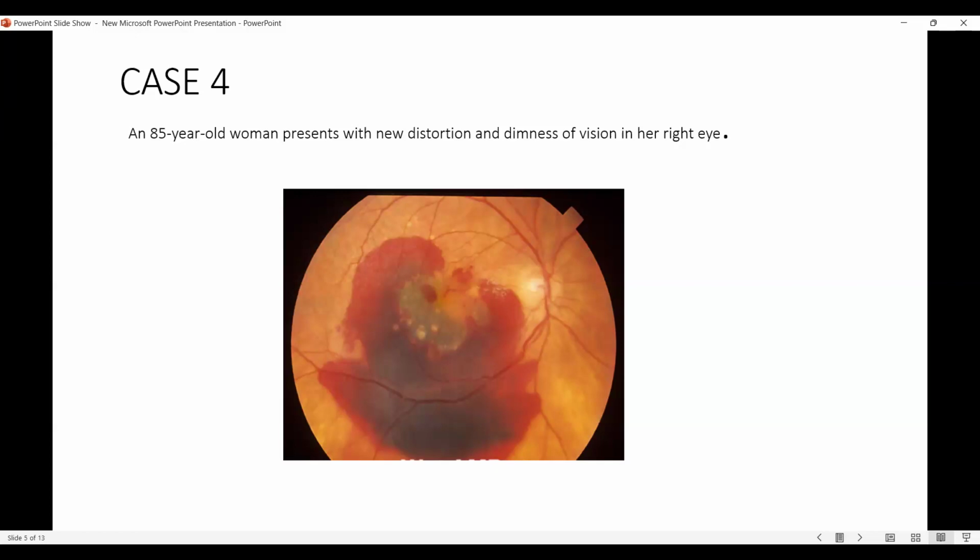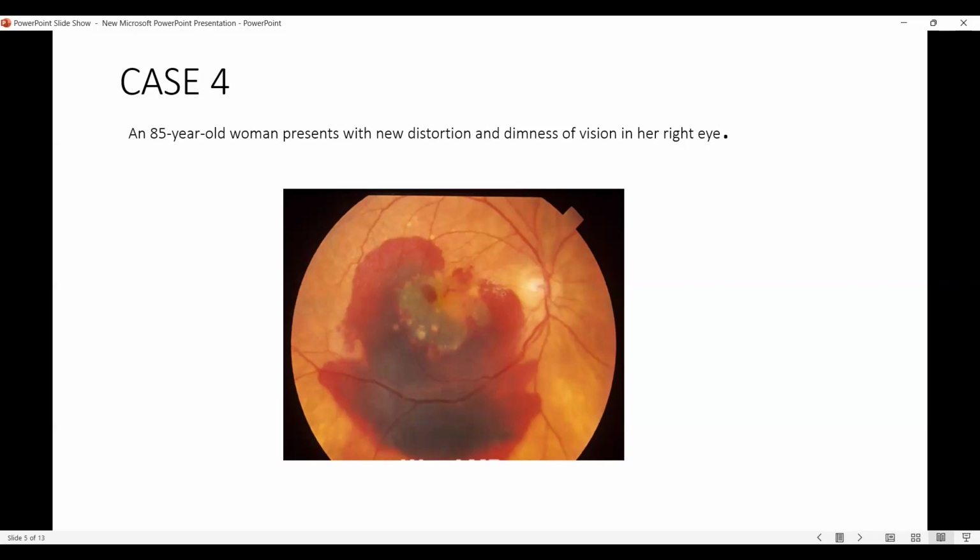Ma'am, why can't this be a choroidal melanoma? You can. Choroidal melanoma is very rarely associated with subretinal hemorrhage like this. There is a typical location in the macula, there is a membrane, there are drusen, and the patient is typically of a very old age.